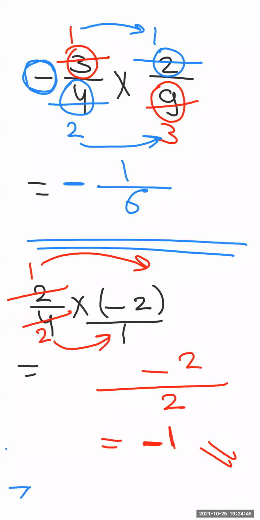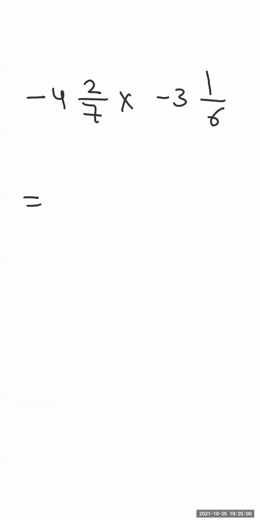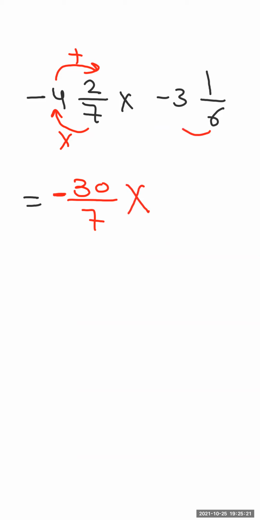The next question is how to multiply two mixed numbers. It's very easy, really. If it's like that, -4 and 2/7 times -3 and 1/6. Okay, so this means, first of all, I have to convert the mixed number into improper fraction. 7 times 4, it's 28. Plus 2, 30/7, and it's a negative. Don't forget the sign. Times 6 times 3, 18, plus 1, 19/6.